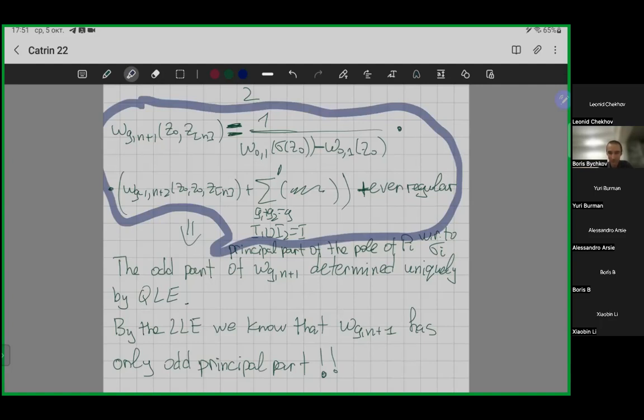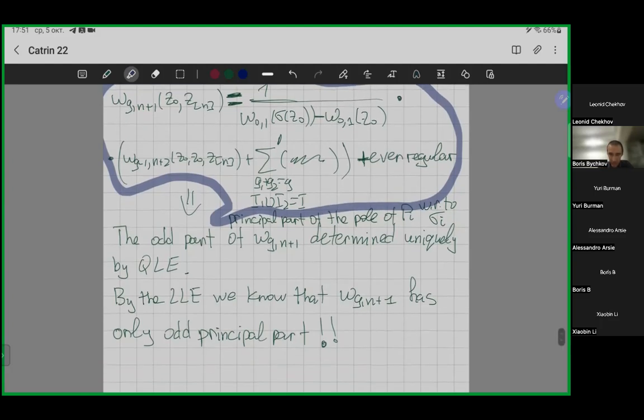Of course, instead of using those recursive relations, it's more convenient to think in such a way: to think about this polar, regular and even parts of these forms, and maybe about this space of functions which I mentioned.